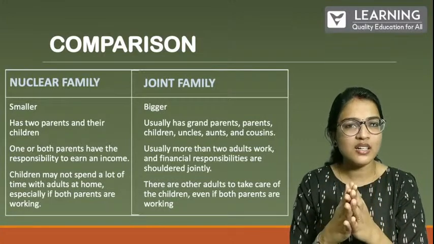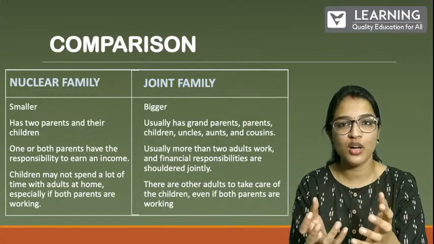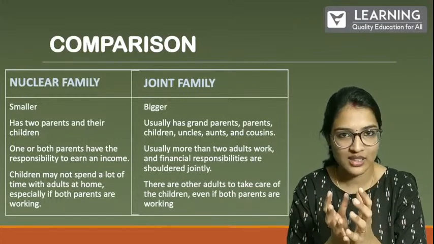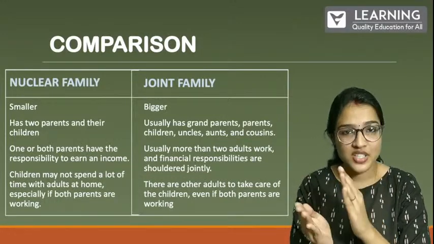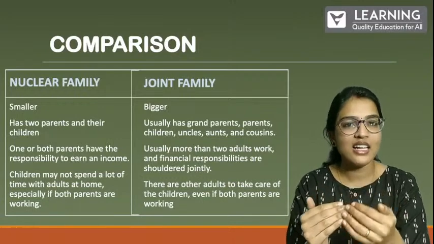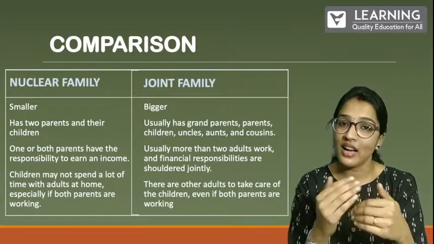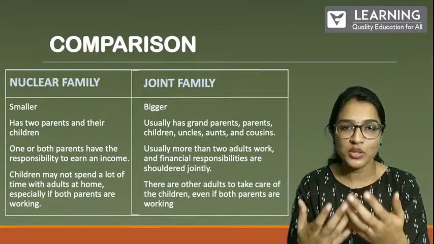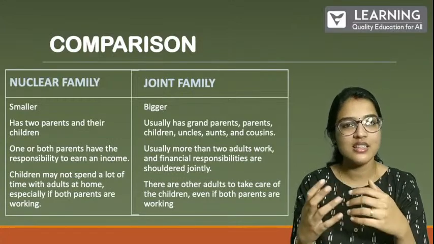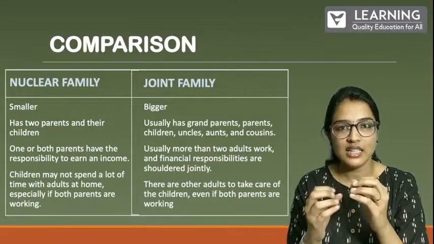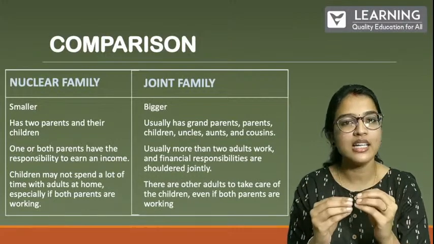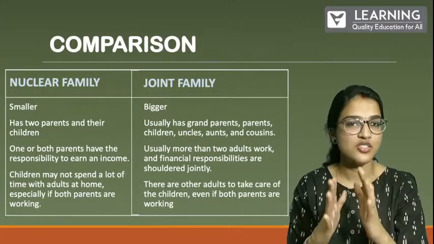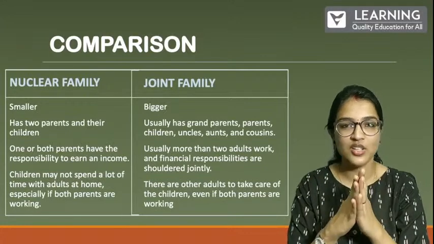So a single child or a single parent should not be responsible for all the income. They can share it. So either uncle and father can go out for work or grandfather can go out for work or both the parents can go out for work. It's their wish, right? But that responsibility to earn an income will be shouldered jointly. So that is what joint family is.